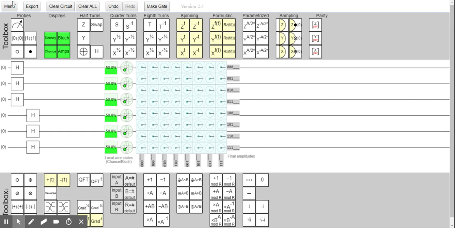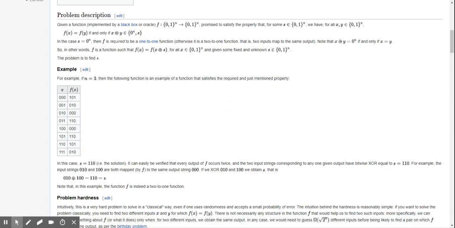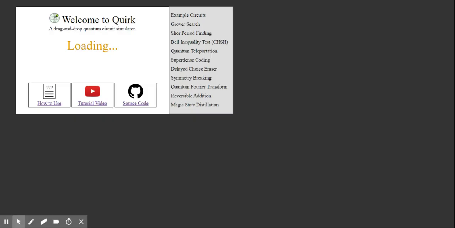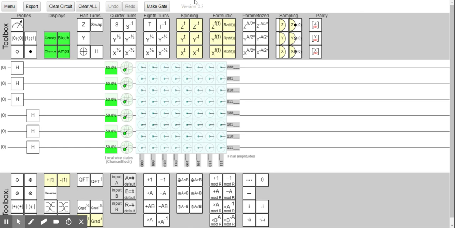Let me go back to the one that I just bookmarked. How can I do that? Let me just go to the bookmarks. Here you go, and I just have to look for Simon take 2.